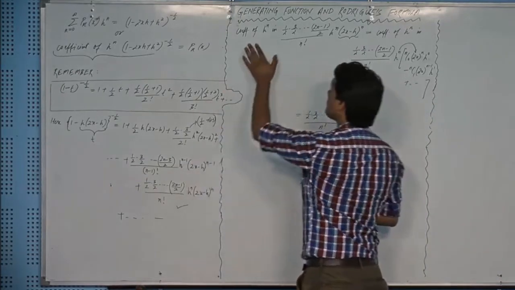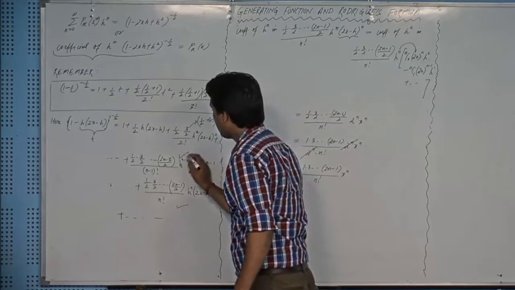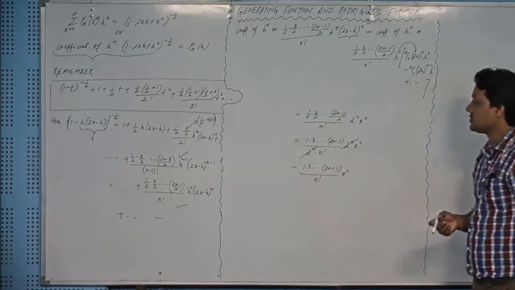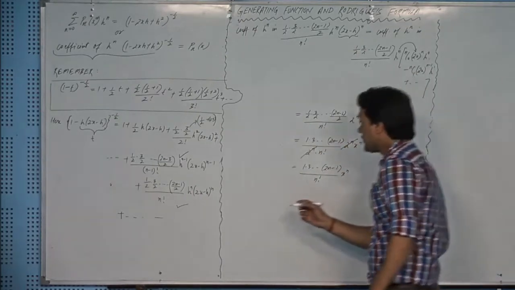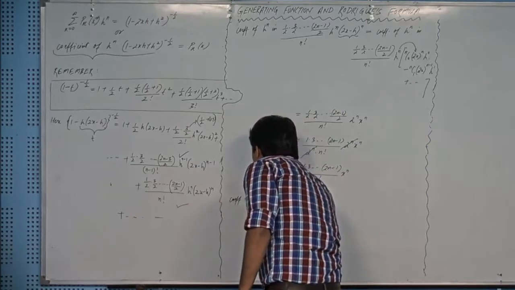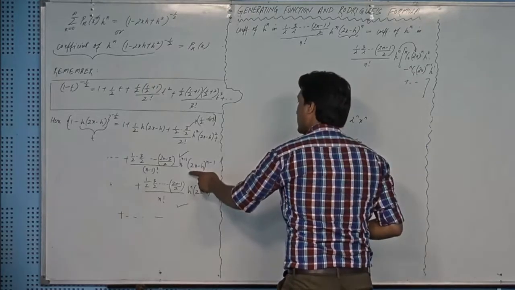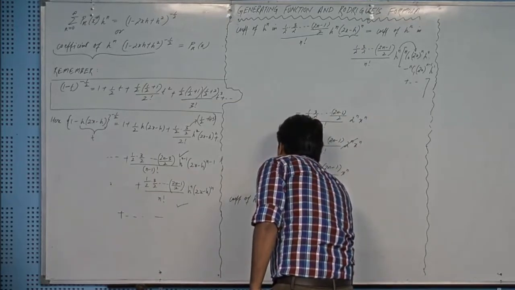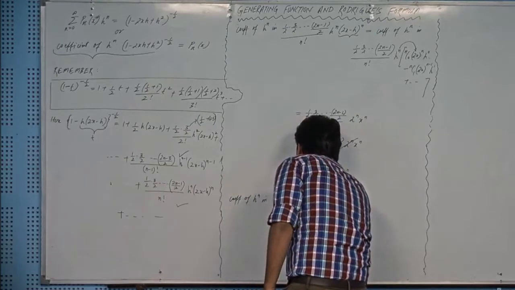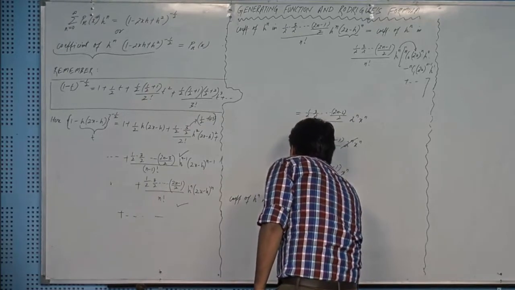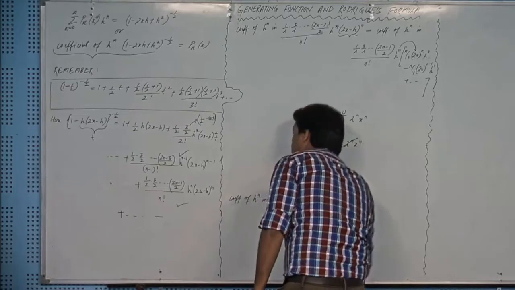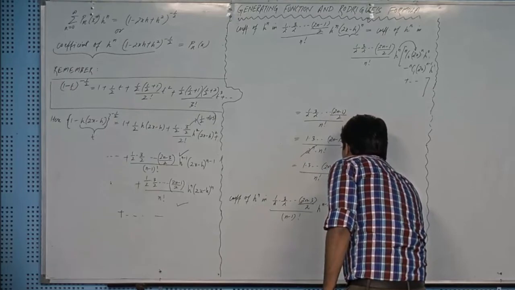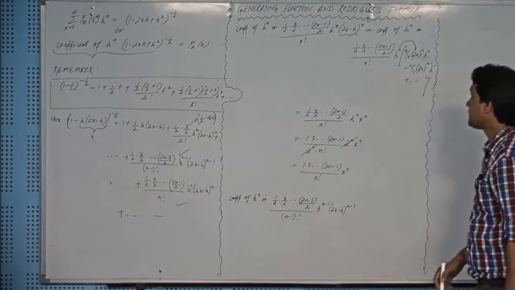So I will be repeating this process for this term, and similarly for all the terms, and then I will add those coefficients one by one, right? So the coefficient of h to the power n in this n minus 1th term, I will write that as 1 by 2, 3 by 2 up to 2n minus 3 by 2 divided by n minus 1 factorial, and we have h to the power n minus 1, 2x minus h to the power n minus 1, right?